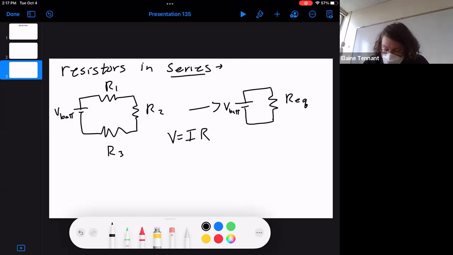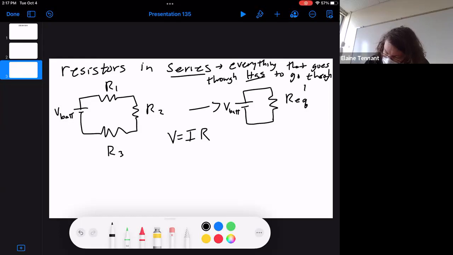Okay, so resistors that are connected directly to each other so that everything that goes through one has to go through the other.